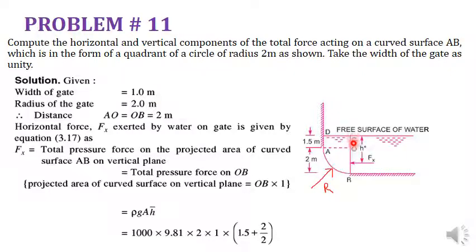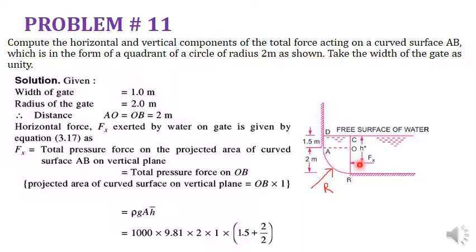If you draw a perpendicular from point B up to the free surface of the water, you get the plane from C to B. You can project your curved surface on this vertical plane inside the water, that is BC.